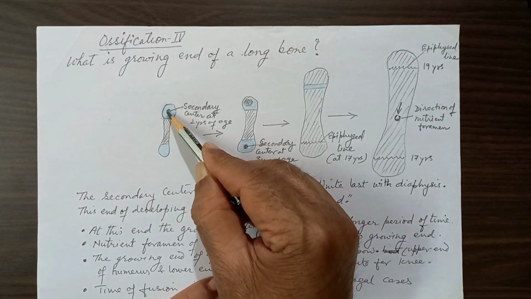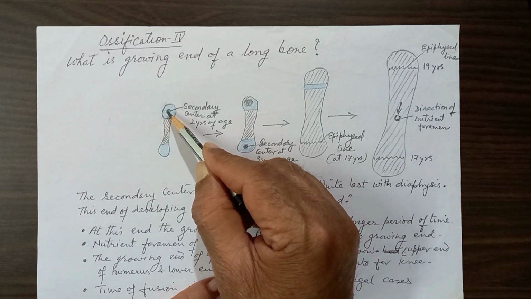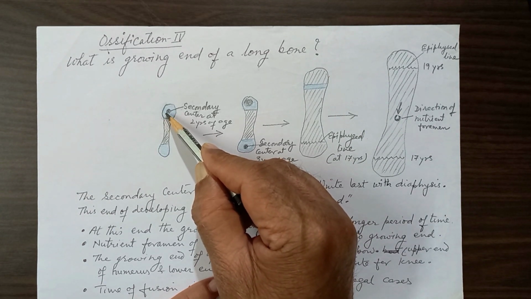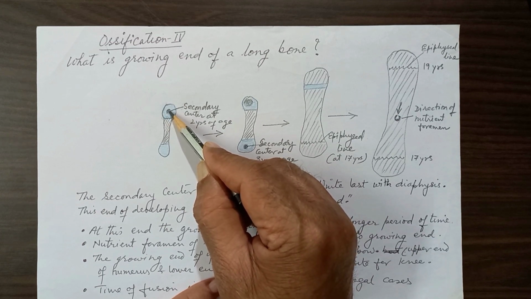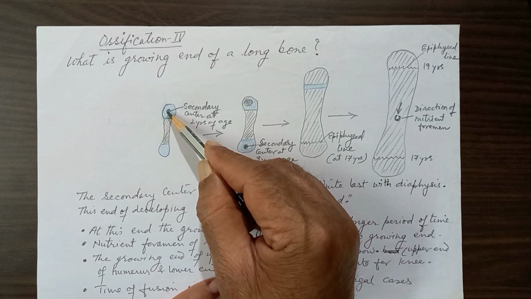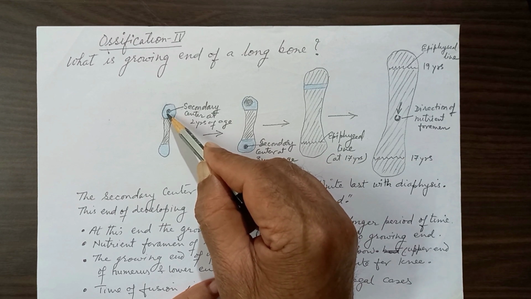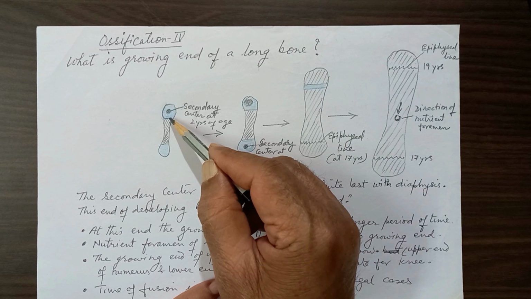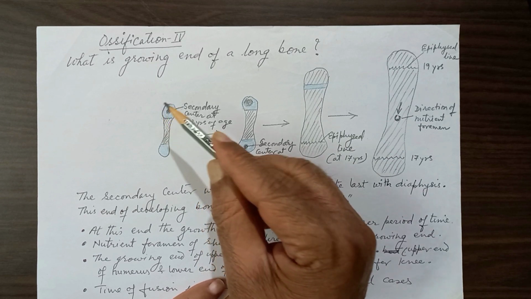The secondary center usually appears first at one end, which is fixed in every bone. Whether the upper end or the lower end shows the appearance of the secondary center first is fixed, and the age of appearance of the secondary center for the upper end or the lower end is also fixed for each individual bone.